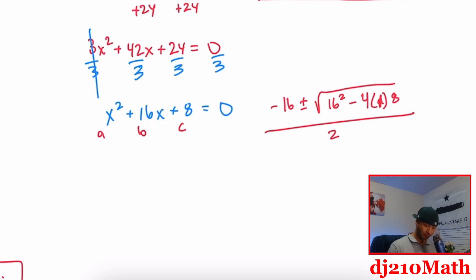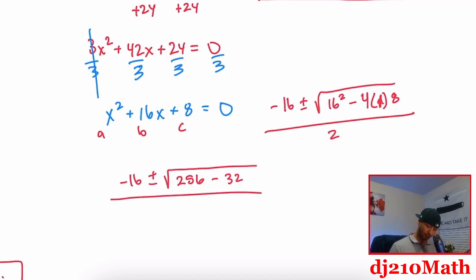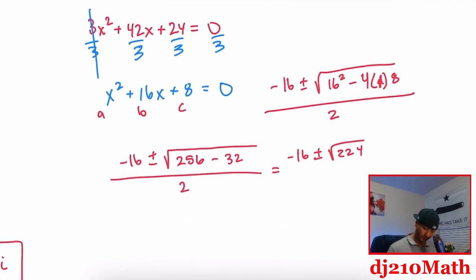All right, so this is going to be negative 16 plus or minus the square root of 256 minus 8 times 1 times 4, 32, and over 2. Okay, 256 minus 32 is going to be 226 minus 2, 224. Negative 16 plus or minus root 224, all over 2.